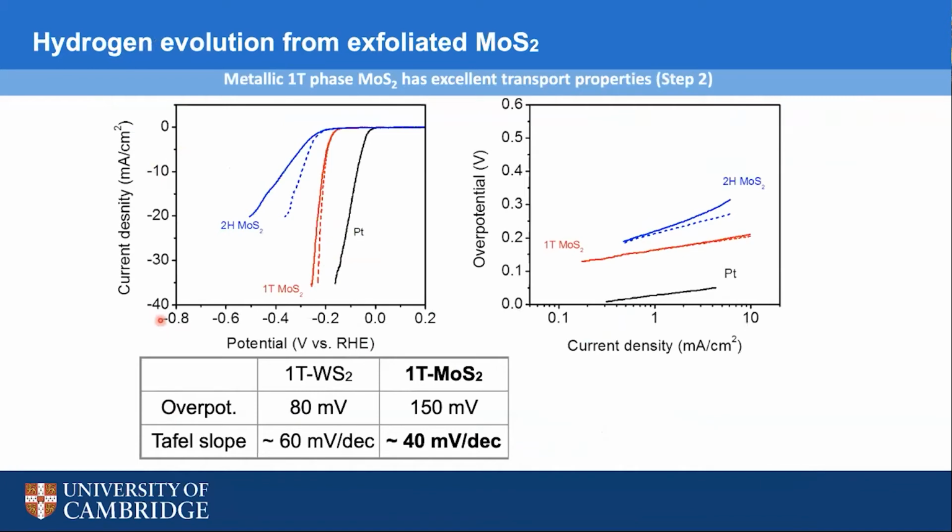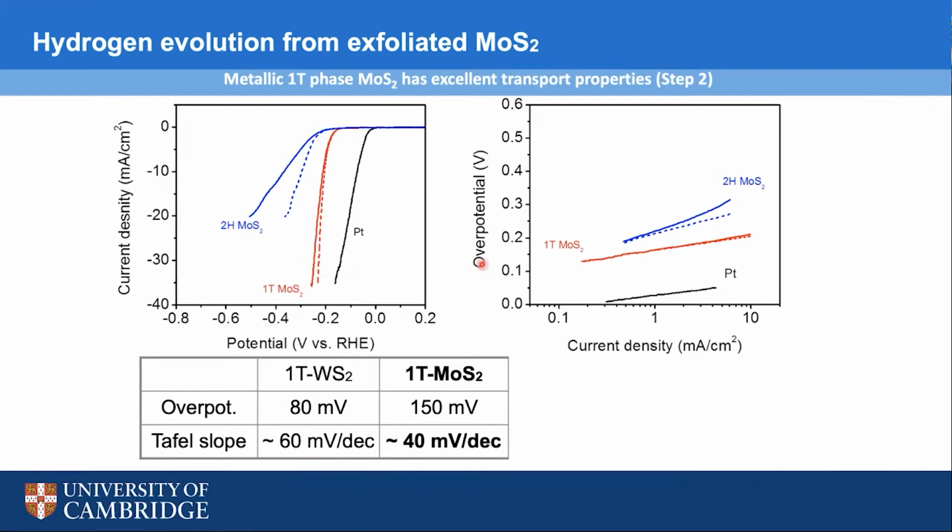Okay, so the first thing we find is that when we test the metallic phase of MoS2 compared to the semiconducting phase of MoS2, that is the 2H phase, we have substantially better performance in terms of the overpotential decrease and also the current density.